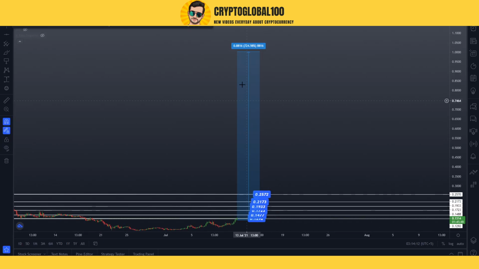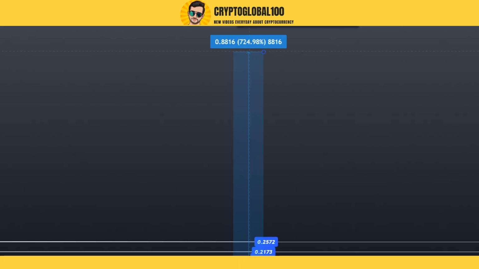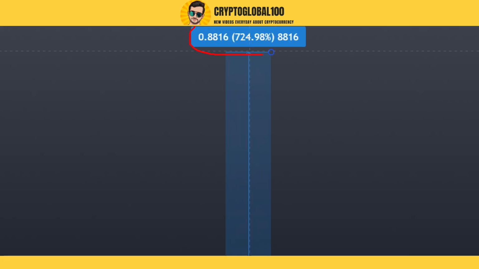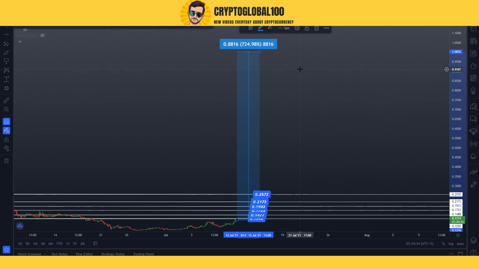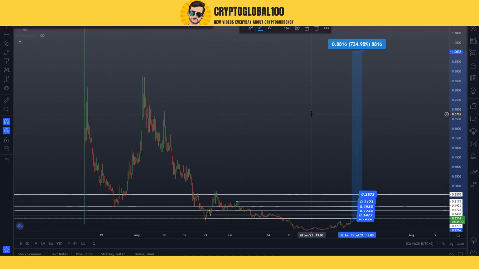But in order to reach the $1 mark, let me increase the size of the label, TLM needs to move approximately 700%. That is 7x from this area.